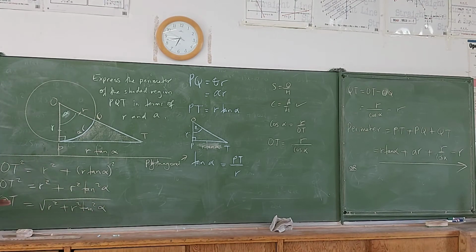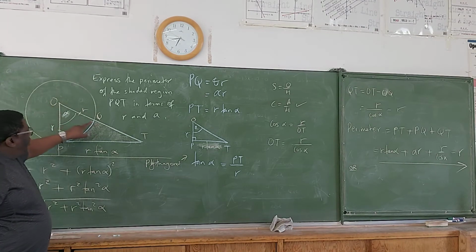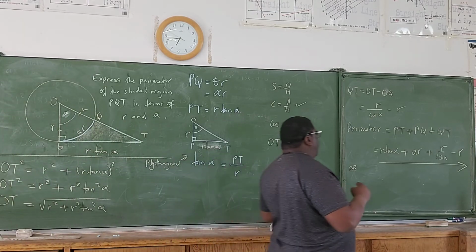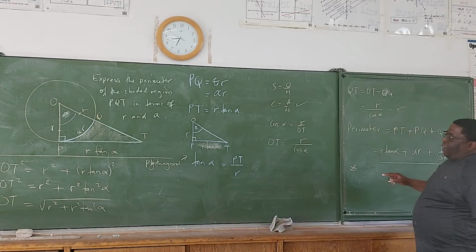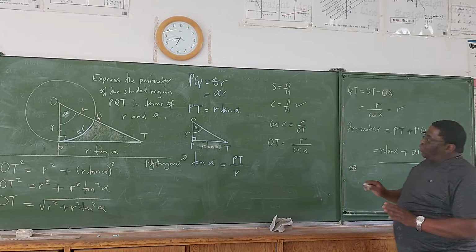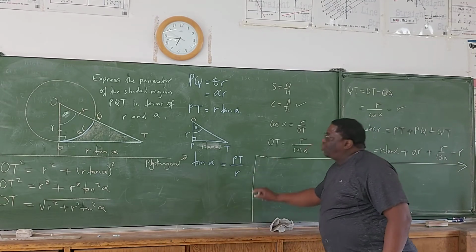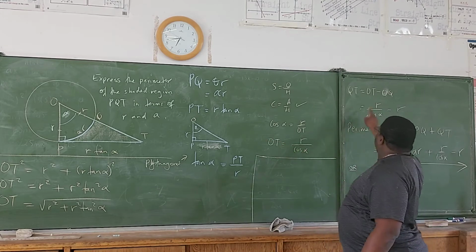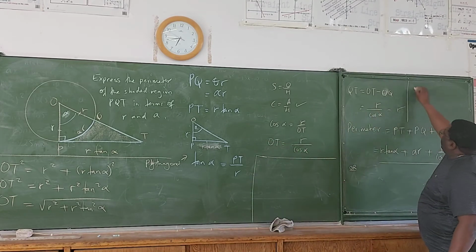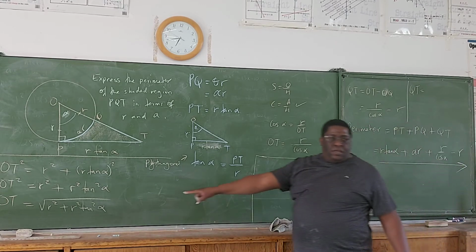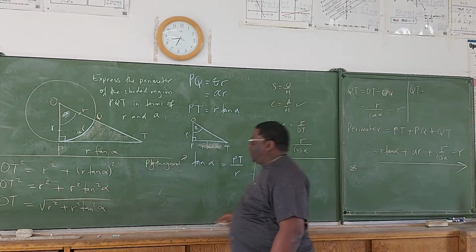So if that is OT, then how do we find QT? We subtract R. So another way for this answer would be, maybe I should also write that down. How to find QT, this one. So we have got two ways of finding QT. QT can also be calculated using this. This is the whole long distance.